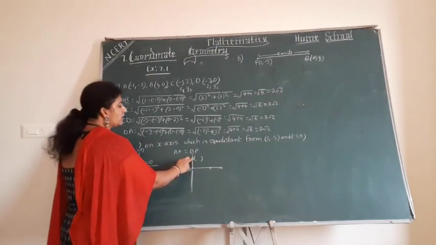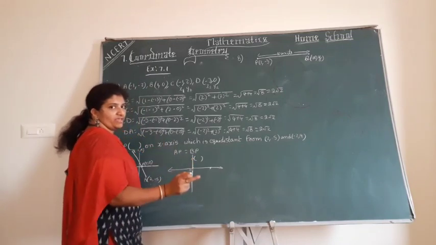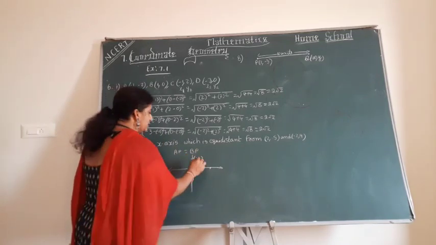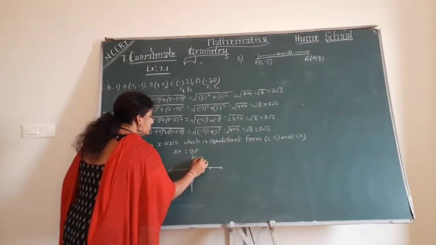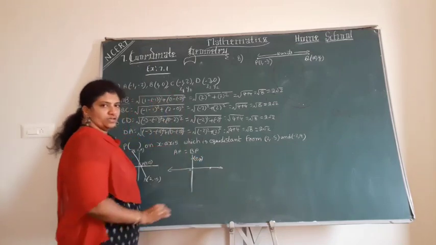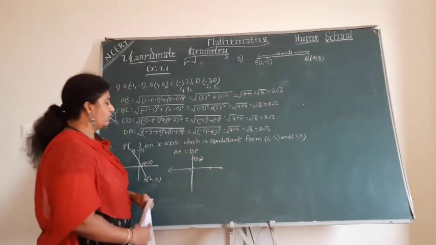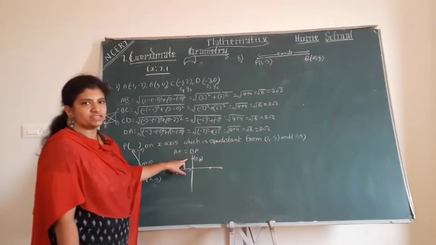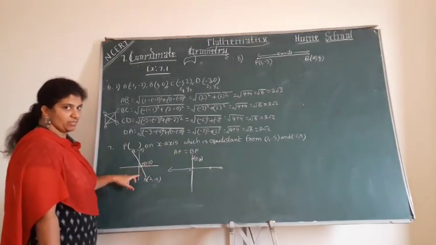That is your point on the x-axis. For the y-axis, y will have a value whereas x is 0, so my coordinate starts with x value 0 comma y. If any question arises in your exams, you can go with the point on the y-axis as 0 comma y, and the point on the x-axis as x comma 0.